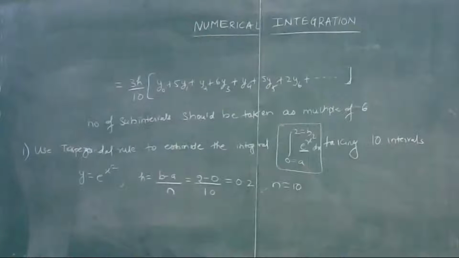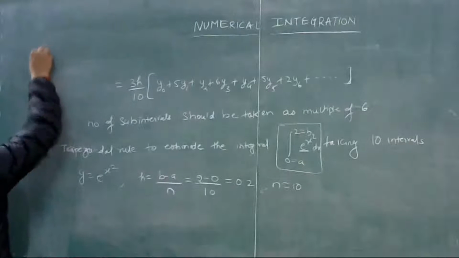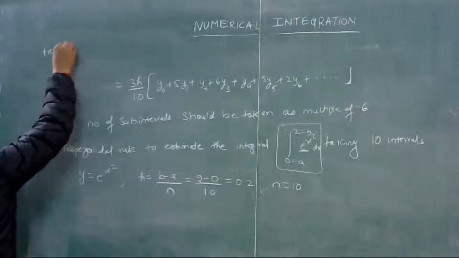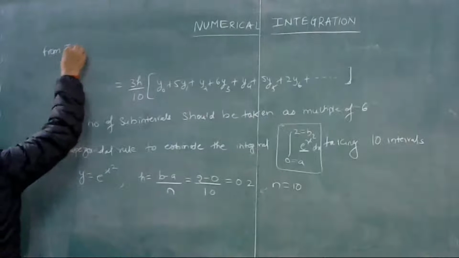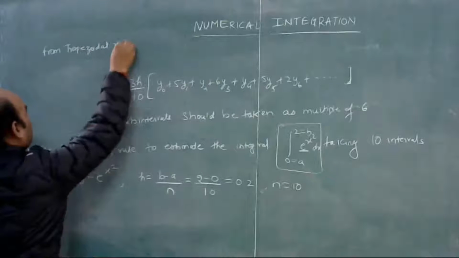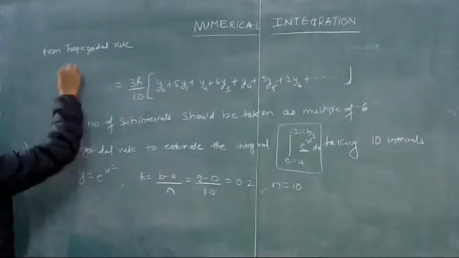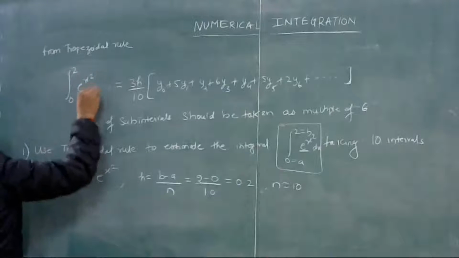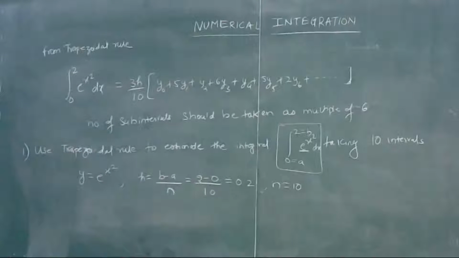From the trapezoidal rule, the integration from 0 to 2 of e to the power x square. Okay, so we have to write the formula.